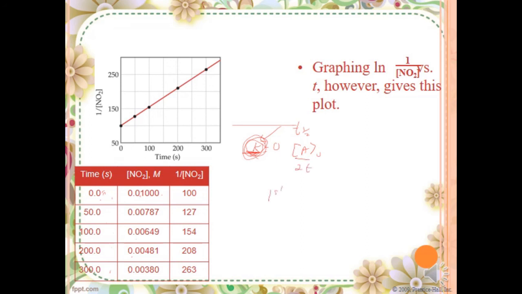For first order it is 0.693 over k. For second order it is 1 over k A naught. So using half-life would not be appropriate unless the question mentions half-life.